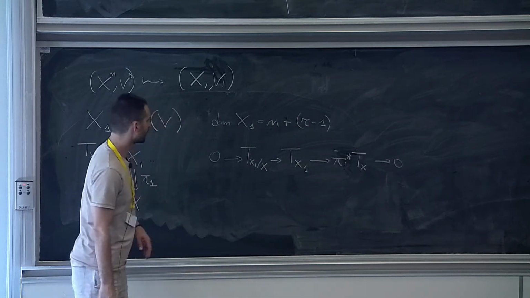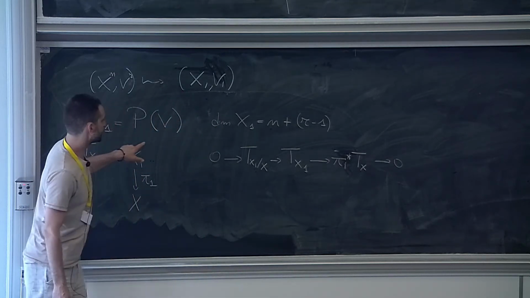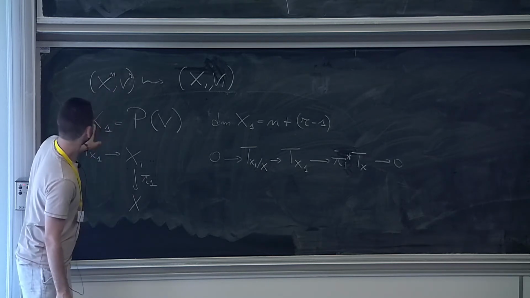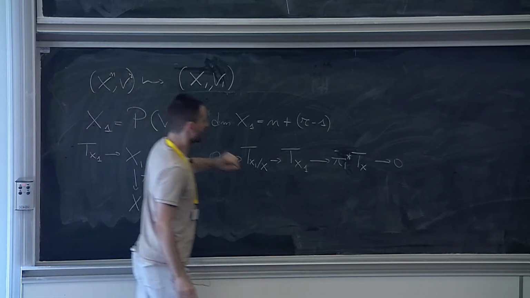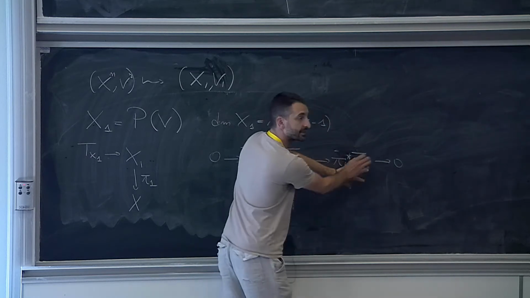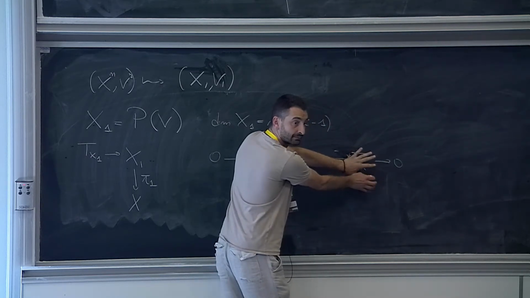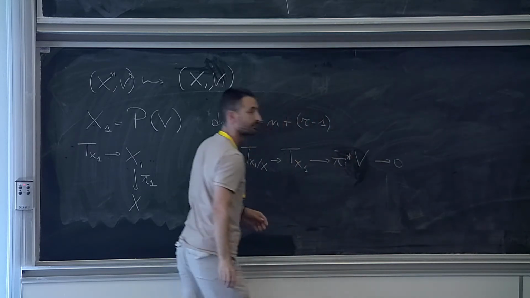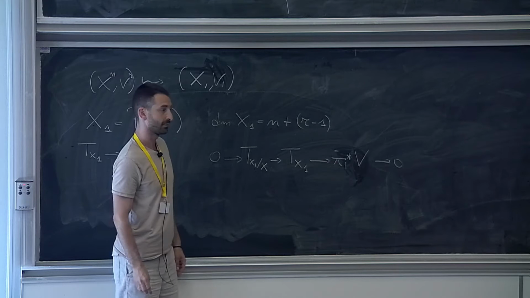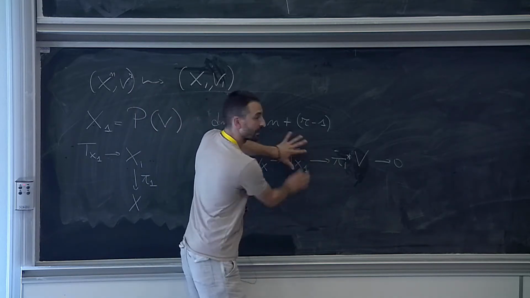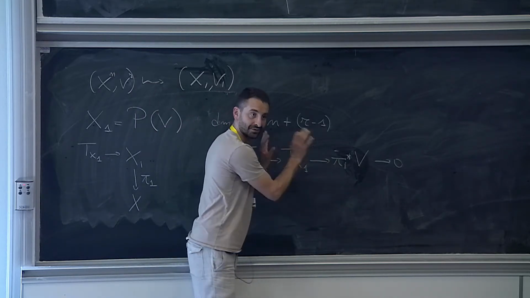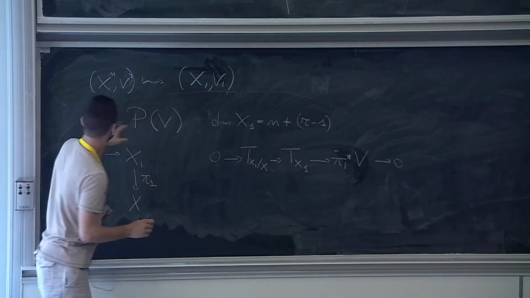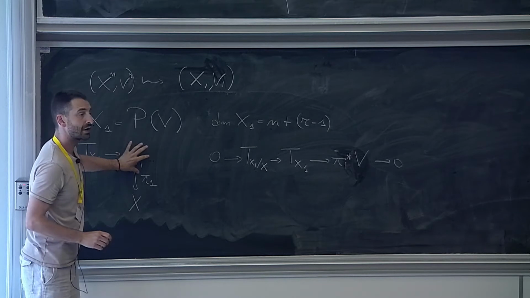Okay. But now, inside TX, you have V. So I would like to replace something with something smaller. I start by putting V. And when you projectivize your V, how do you construct your O(1)?